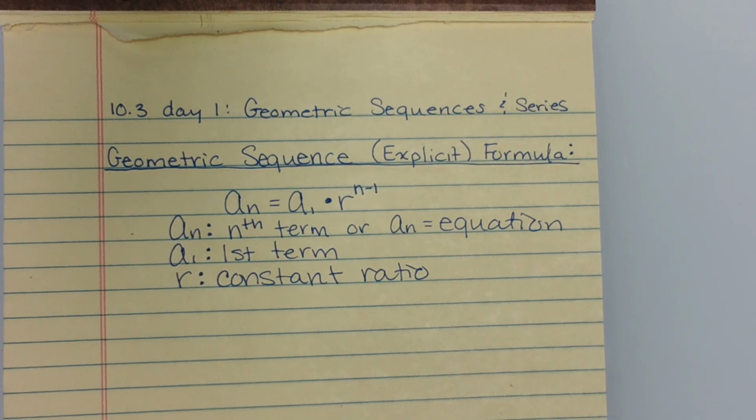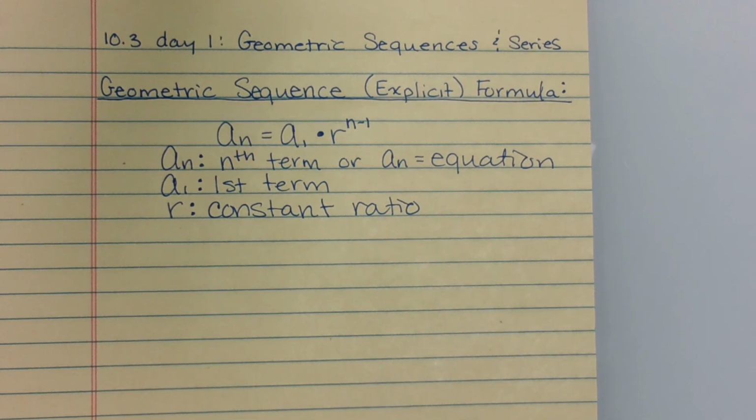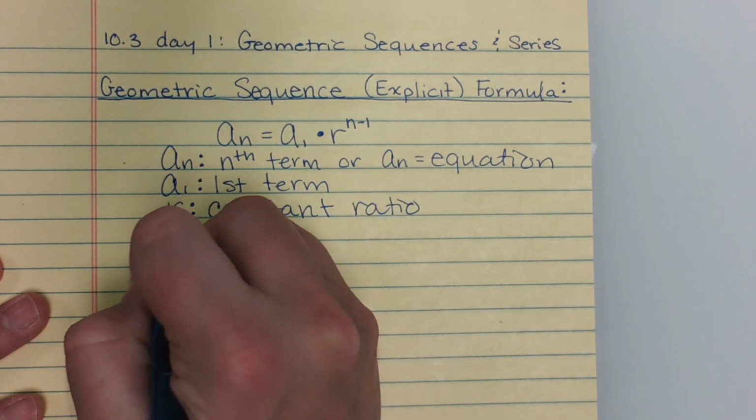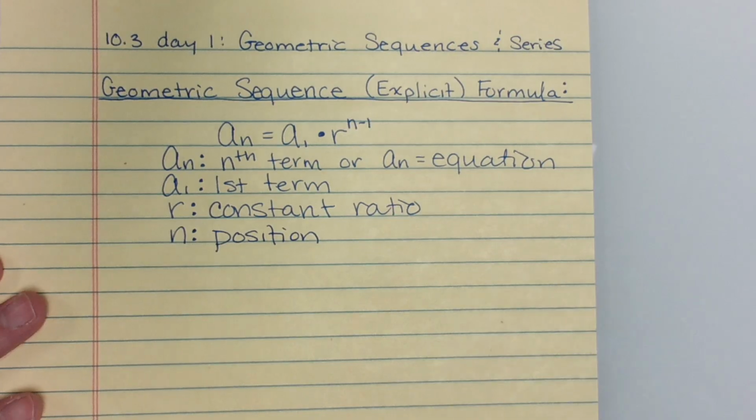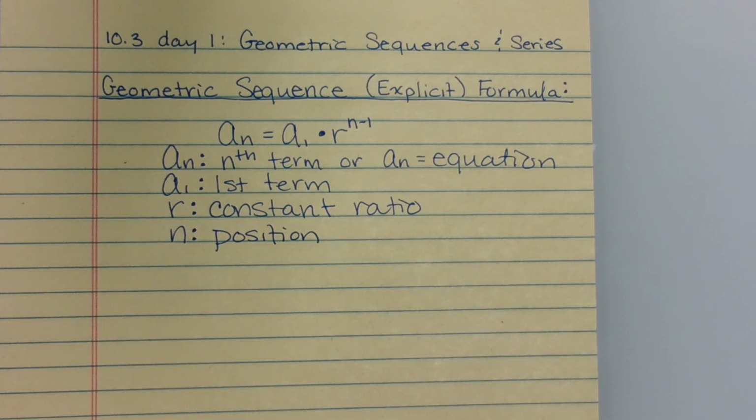If a sequence has a d value given to you, it is arithmetic. If it has an r value given to you, it is geometric. n is still the position specifically of the nth term. It's where something is located in the sequence.